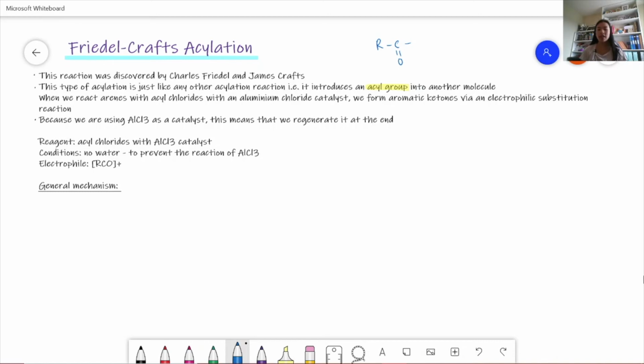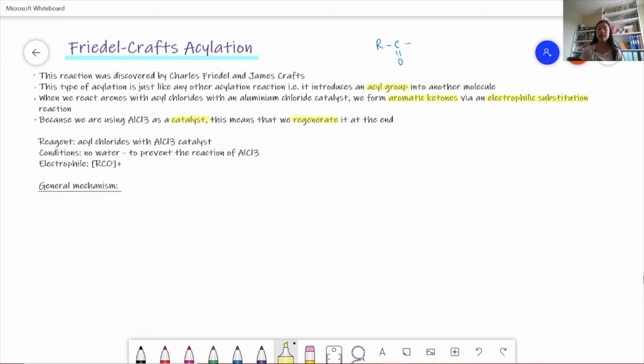And when we react arenes with acyl chlorides with an aluminium chloride catalyst present, we form aromatic ketones via an electrophilic substitution reaction. And because we're using aluminium chloride as a catalyst, that means that we regenerate it at the end, because we know that catalysts don't get used up in the process.